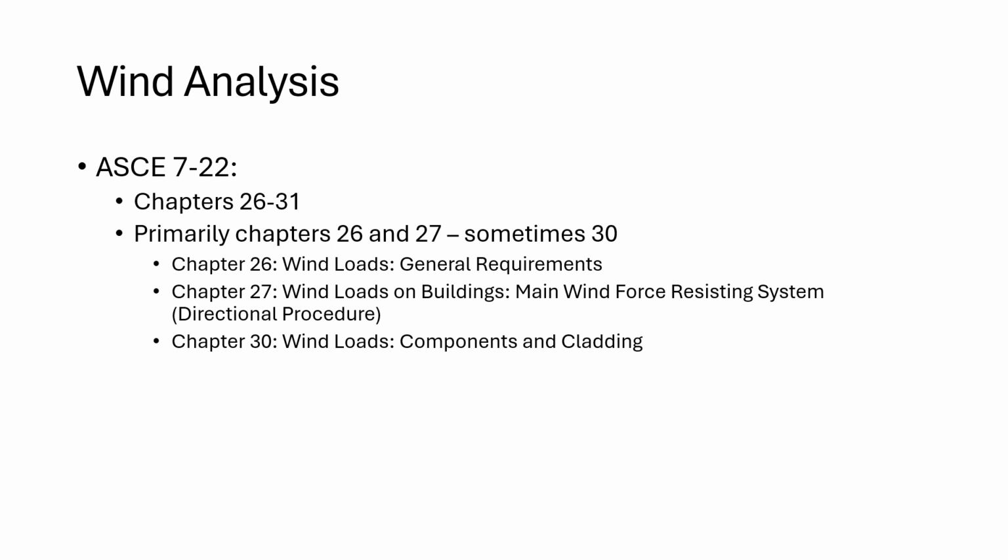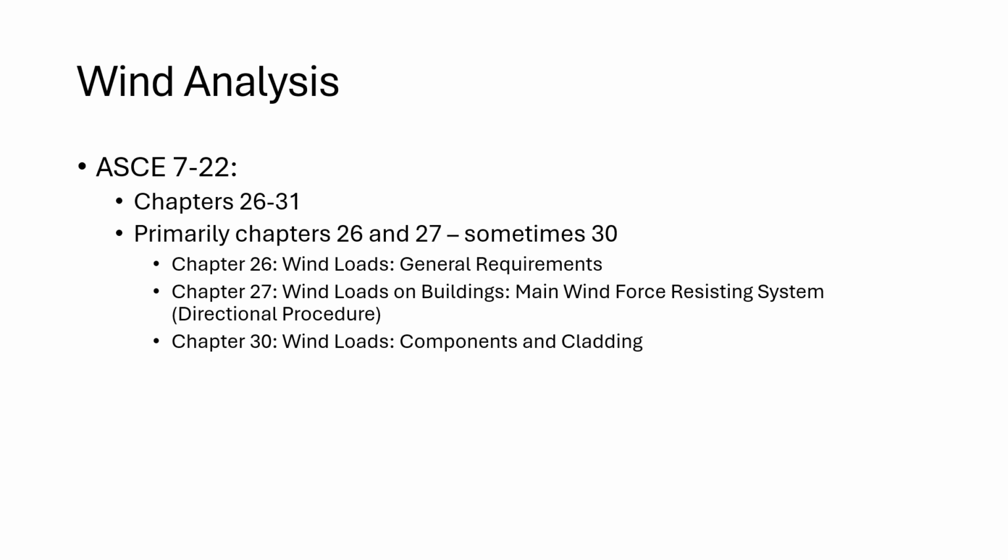There could be some one-off questions about cladding or a component on a structure. I'm pretty sure an example of this could be a highway sign would be Chapter 30, but I do know rooftop components, like an HVAC system or a big RTU, if you have a question on that, it falls under Chapter 30.